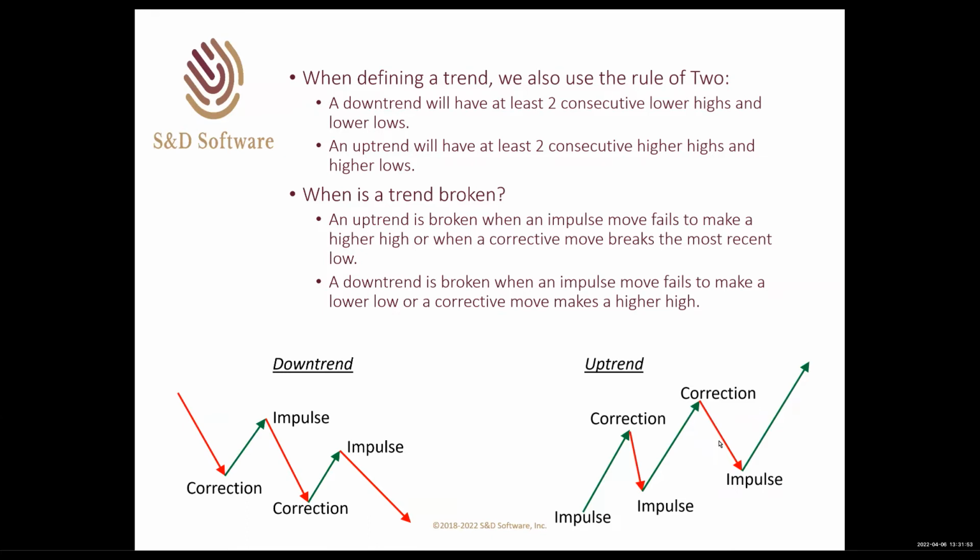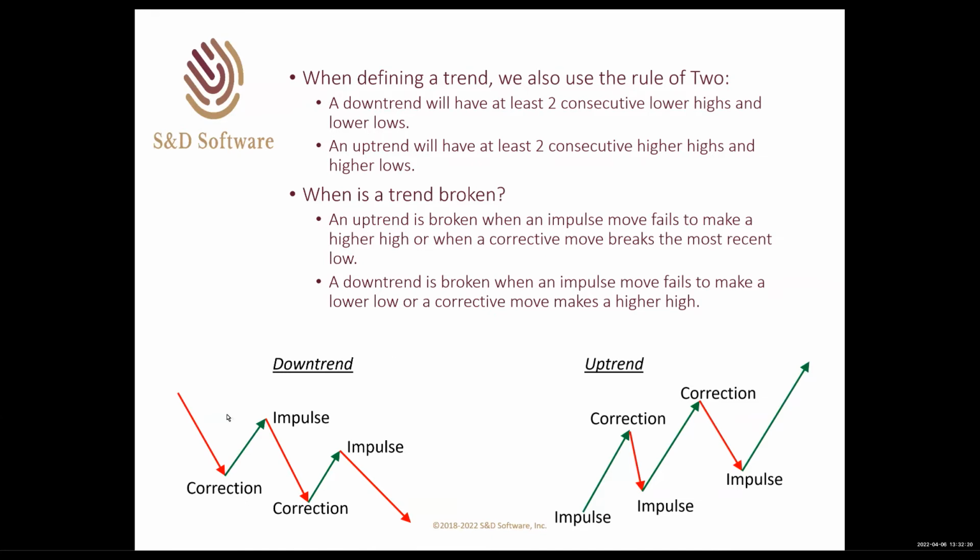Or we can have a corrective move that doesn't give us a higher low. So in the case when the impulse move fails to give us that higher high we're looking for, that is what we refer to as a failed impulse. And when the correction doesn't give us a higher low we're looking for, that's a long correction.